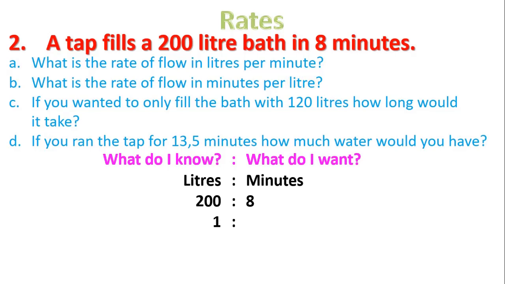So, 1 liter is 8 minutes divided by 200. We put that in our calculator and we press equals and we get 0.04 minutes per liter. And so 1 liter takes 0.04 minutes. Please remember that's not 4 seconds. It's 0.04 minutes.